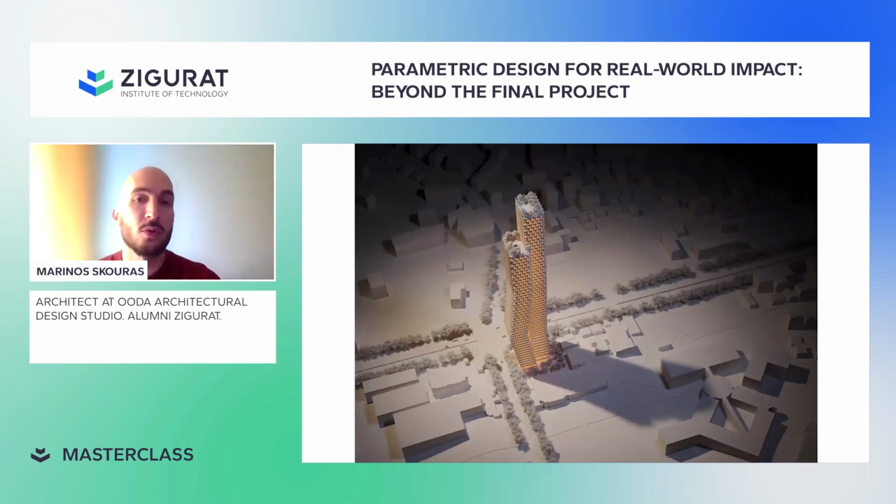My main focus was to design a facade that I developed entirely in Grasshopper. Parametric tools made it easier to experiment freely and to iterate efficiently throughout the design process.